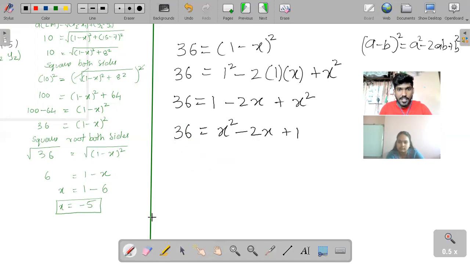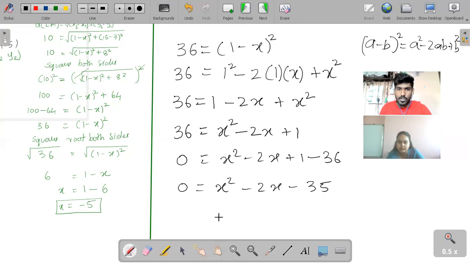So on this side, it will be 0, and plus 36 went on the other side, and it became minus 36. So what is 1 minus 36? Minus 35. Yes, so this is minus 35. So I'll just write this in a proper way. So x square minus 2x minus 35 equal to 0.